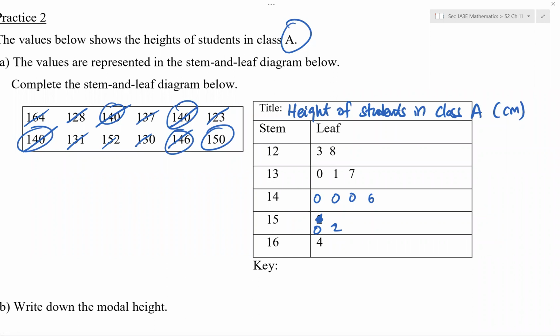So now we have one last portion, that is the key. The key is going to be, we can have many different answers. For example, you can state 1, 3 with a stroke, 7 means or equals to 137 cm.